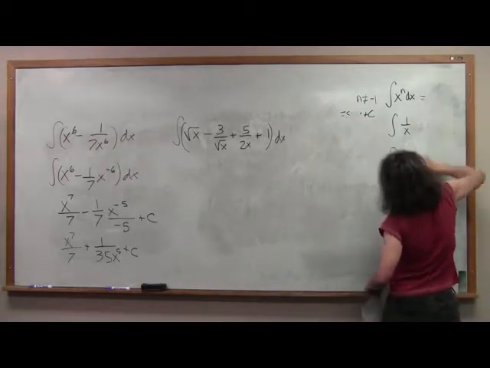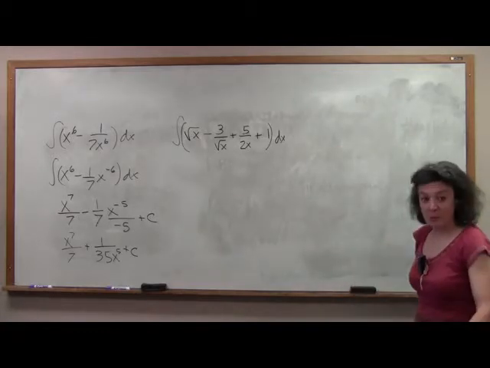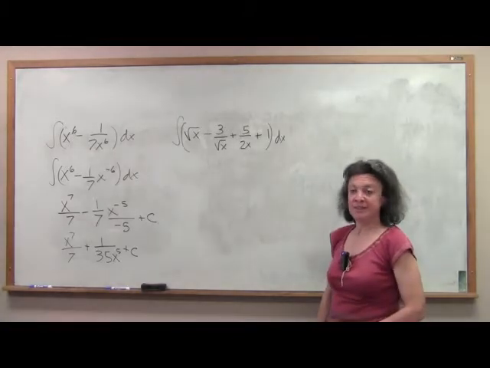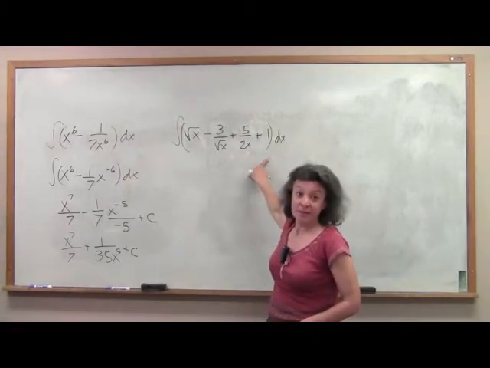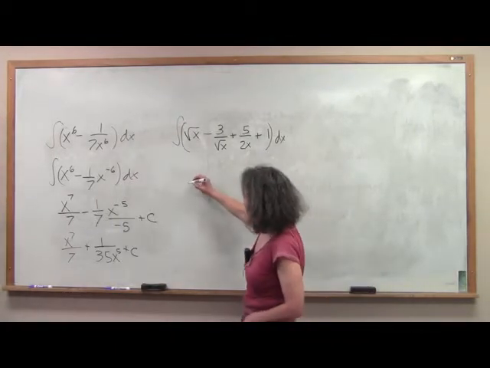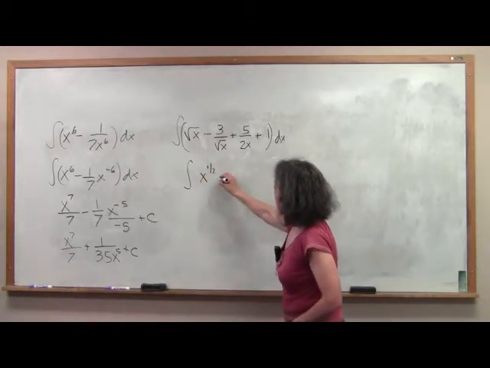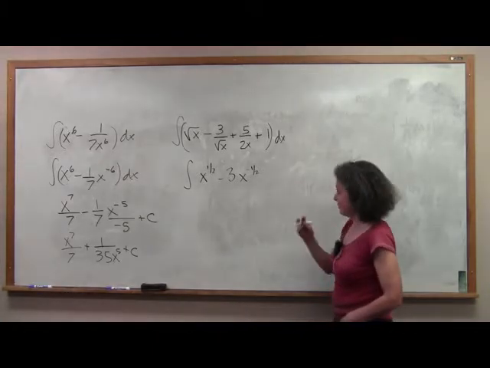Just like with our previous example, what we want to do is first bring our variables up if need be, and then also write them using fractional exponents so we can take the antiderivative. So this is x to the 1/2 minus 3x to the negative 1/2.